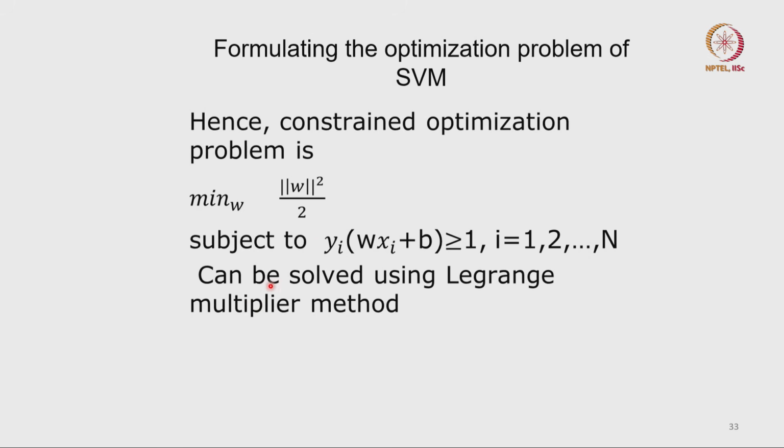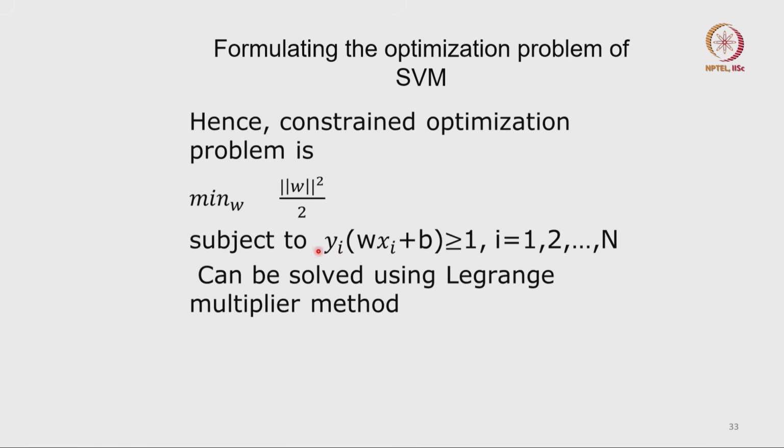Okay. So, this is how you are going to get the optimization problem. So, you've got a constrained optimization problem where you are trying to minimize this omega squared by 2, okay, subject to yi into w xi plus b is greater than or equal to 1 for i equal to 1 to n, right, where this yi is either plus 1 or minus 1.